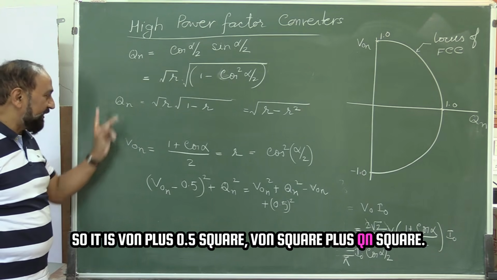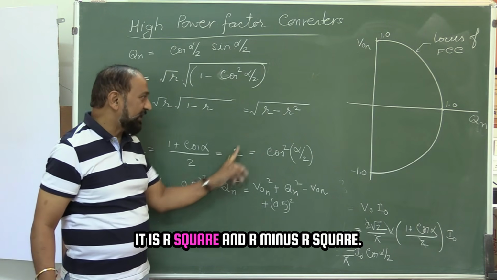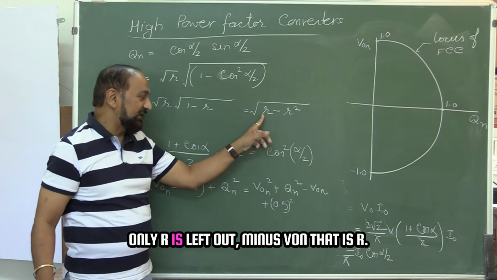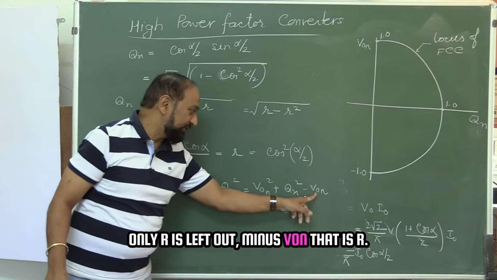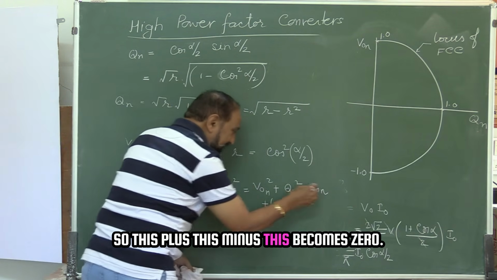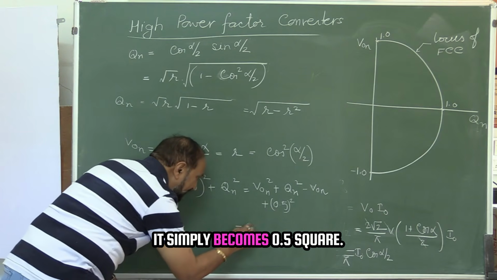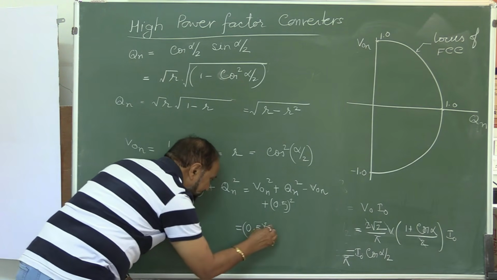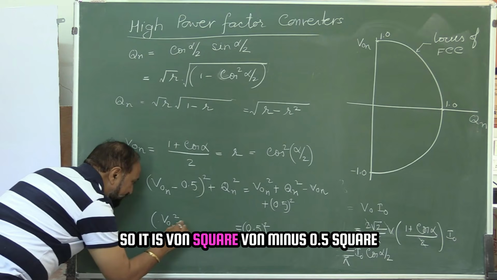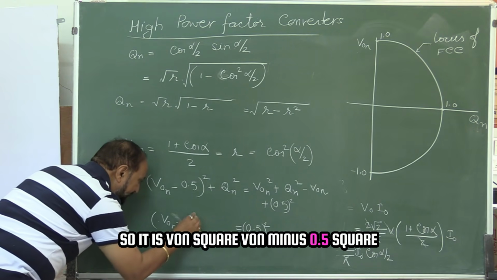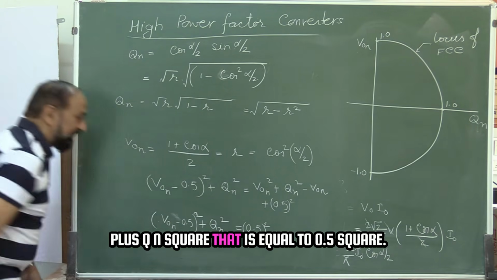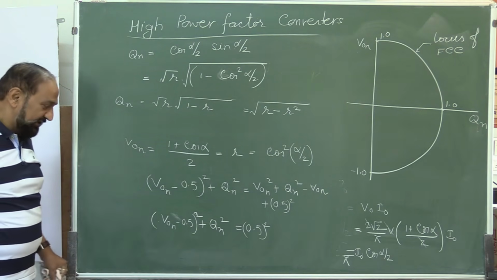VON square plus QN square is R square plus R minus R square, so this gets cancelled, only R is left out. Minus VON, that is R. So this plus this minus this becomes 0, it simply becomes 0.5 square. So it is (VON minus 0.5) square plus QN square equal to 0.5 square.